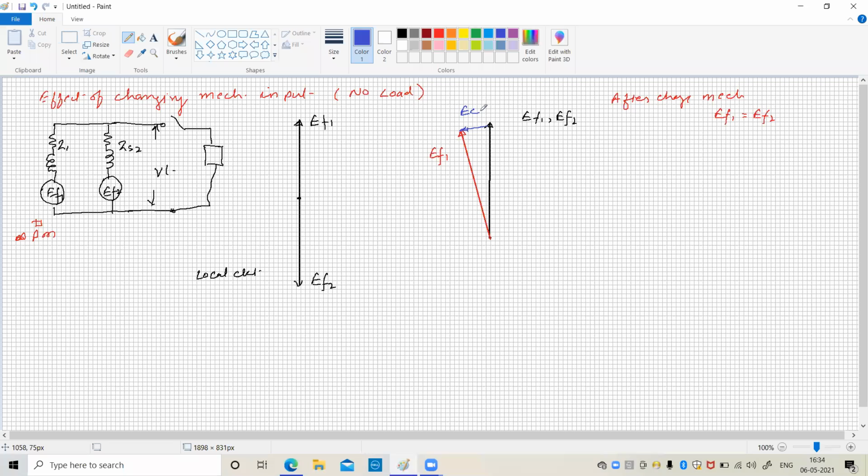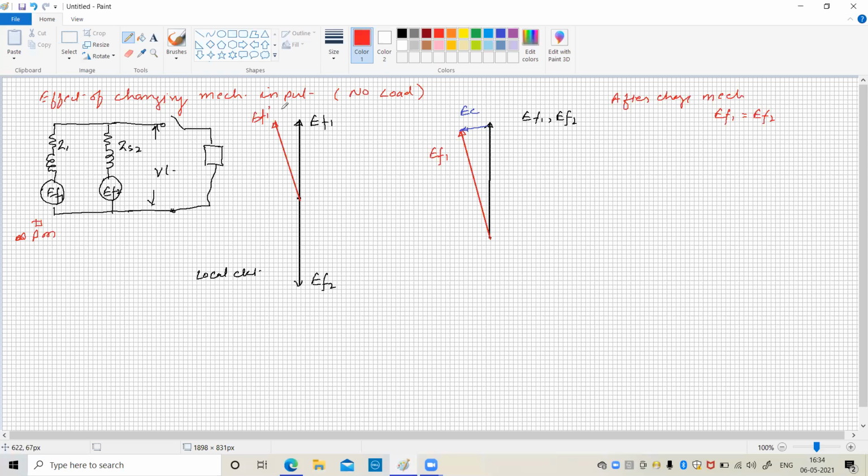Okay, this is the change when we change the mechanical input, and say this angle is whatever the angle is there. Now we can represent it in this fashion in this circuit also. So under such a condition, the mechanical input of the first generator is going to change, so it shifts the angle. Here the value is EF1 dash.